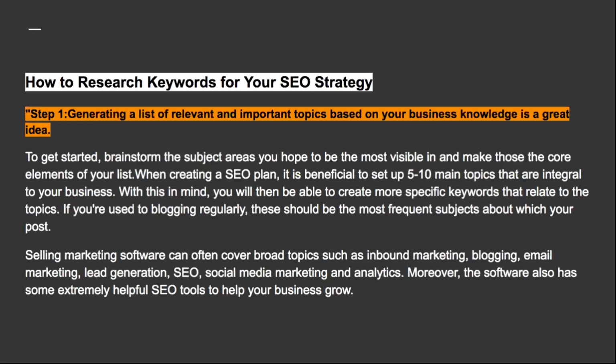You can pick some indicators that you feel you are very proficient in to write about, or some indicators whereby you want to develop into EAs and start writing about all this. The same thing applies to marketing software. Selling marketing software can often cover broad search terms such as inbound marketing, blogging, email marketing, lead generation, SEOs, social media marketing and analytics.